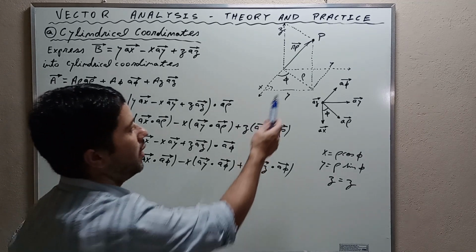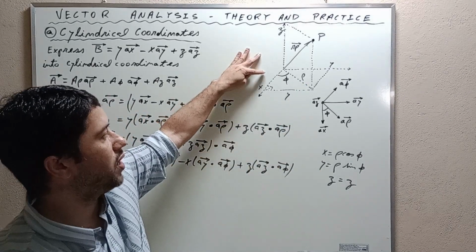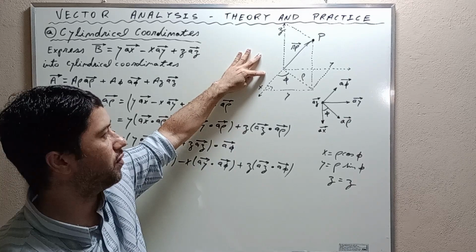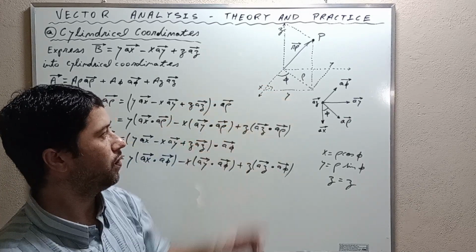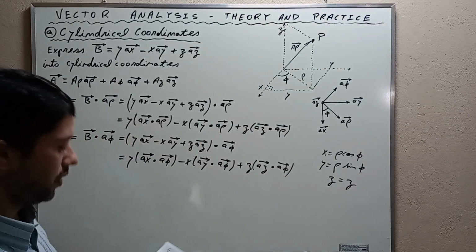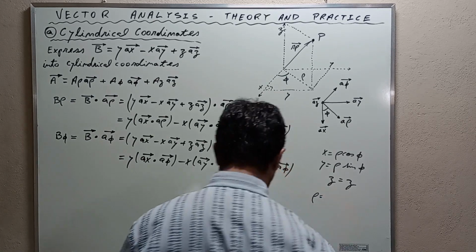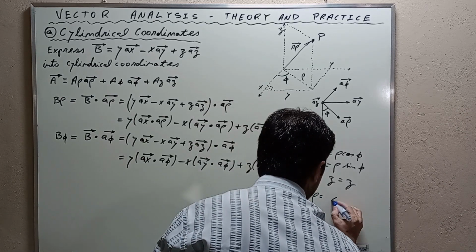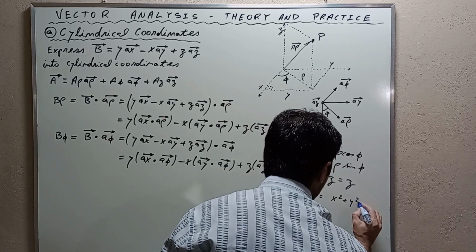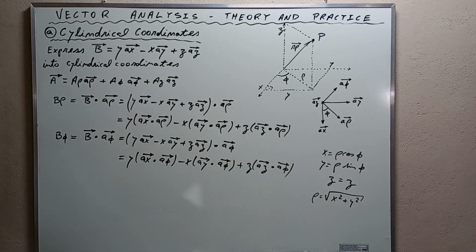Observe that as rho is the hypotenuse of this right triangle whose sides are x and y, to find the hypotenuse we use Pythagoras, and then rho is simply x squared plus y squared, the square root of it all. And how about the angle phi?